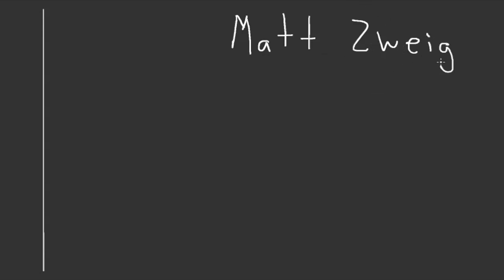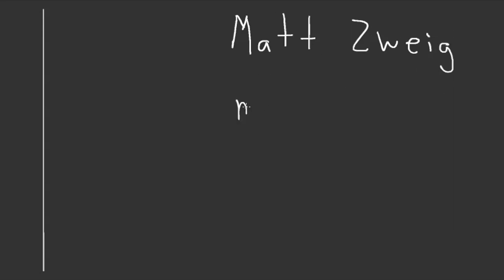So we have Matt Zweig, and we are going to write it phonetically. I'm pronouncing Zweig as it would be pronounced in German, because I think this is German. But Matt, if I'm wrong, just let me know in the comments, and perhaps I can make a short correction.